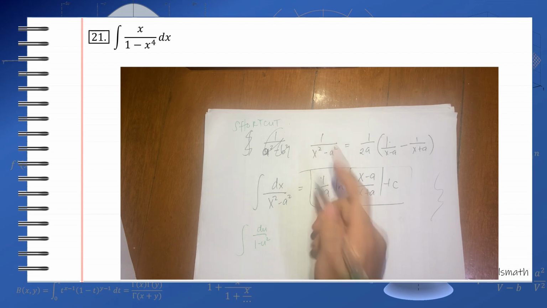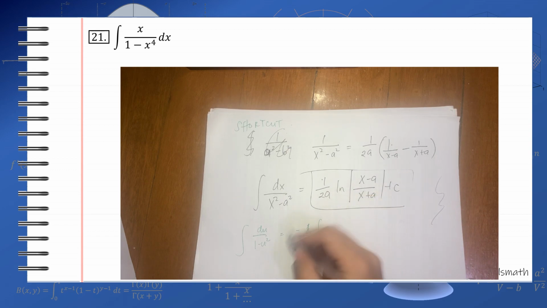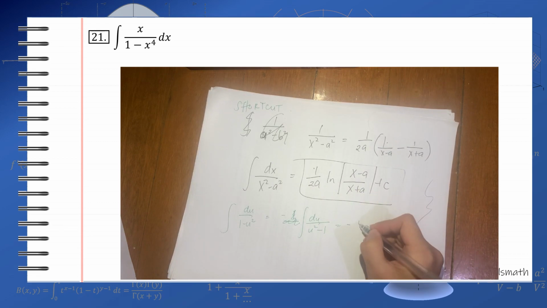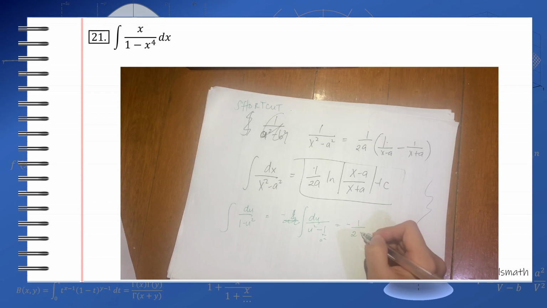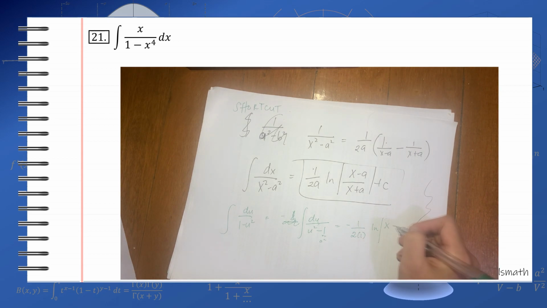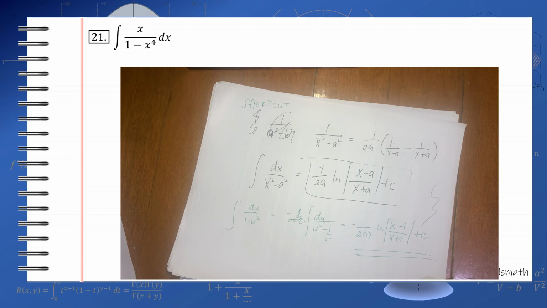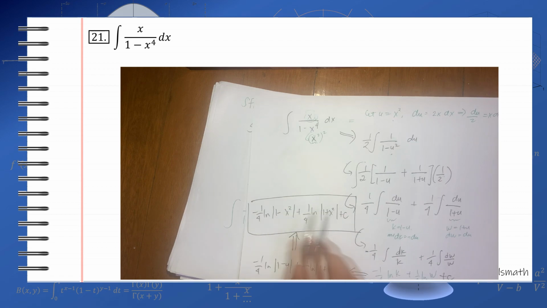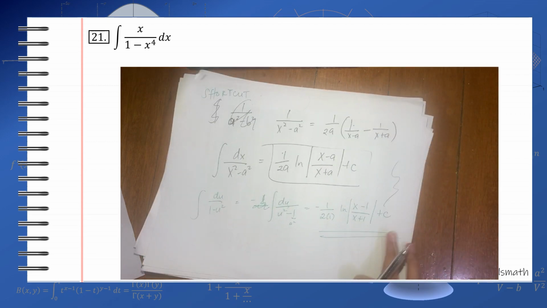I want it in this form to make it more consistent, so that's negative of du over u squared minus 1. This becomes negative 1 over 2 times a, where a squared is 1, so a is 1. So negative 1 over 2 times 1, ln of x minus 1 over x plus 1 plus c. The one earlier is just a decomposed version. You can combine them using properties of logarithms, but essentially that is equal to this one.